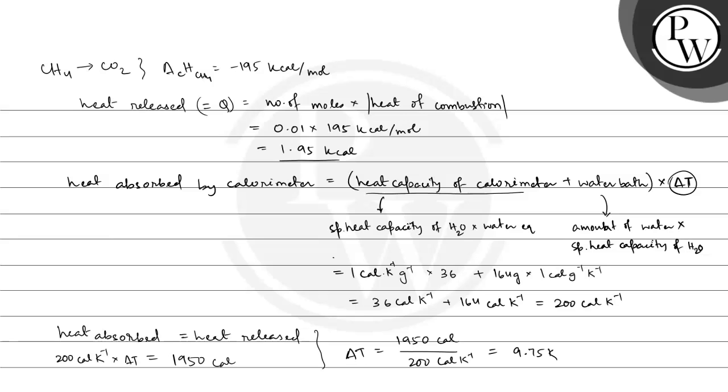So the temperature difference delta T is 9.75 Kelvin. This is the temperature difference of the calorimeter and water bath system.